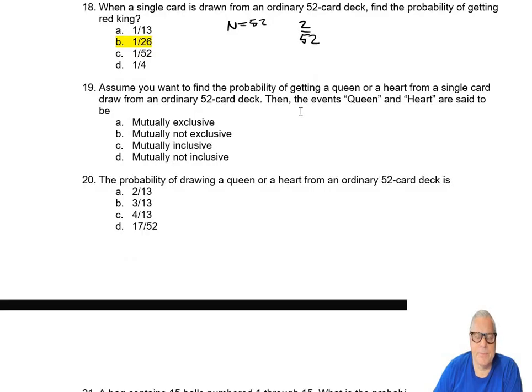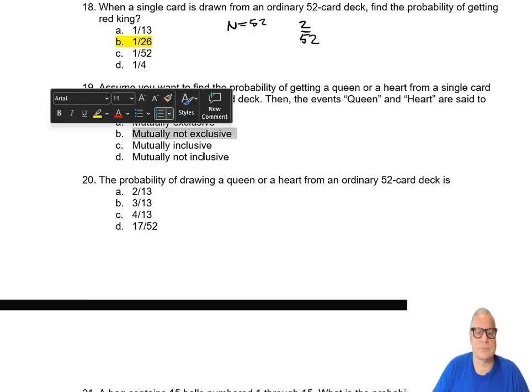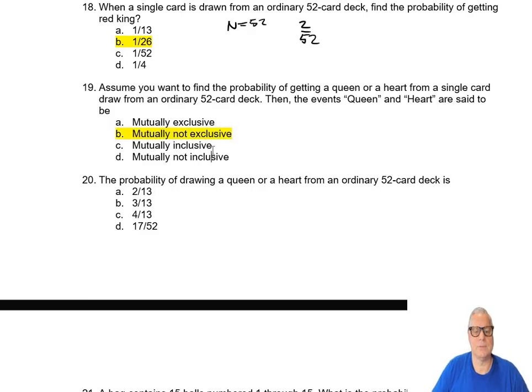Okay, so assume you want to find the probability of getting a queen or a heart from a single card draw from an ordinary 52 card deck. Then the events queen and heart are said to be not mutually exclusive. You can have both.